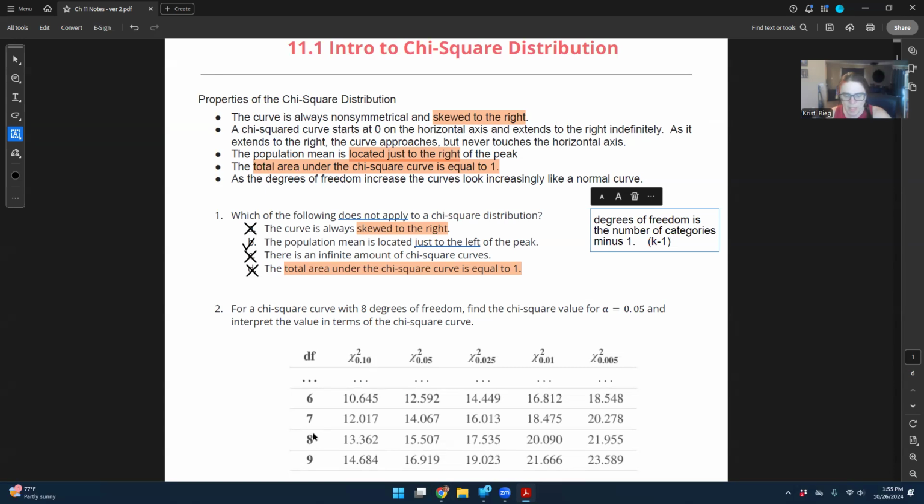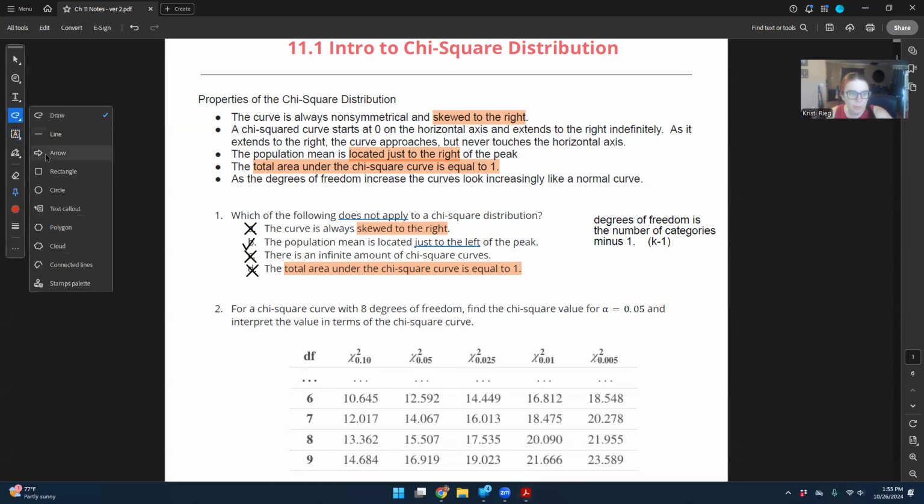We go down to 8, and then it says the chi-squared value for alpha equals 0.05. The number below the chi-squared is alpha. We don't do anything to the decimal, we just copy it exactly. So that would put us in this column. This is different than this far one because there are too many zeros. So for 8 degrees of freedom with alpha 0.05, our number right here is 15.507. And that's it. You just copy it down from the chart.